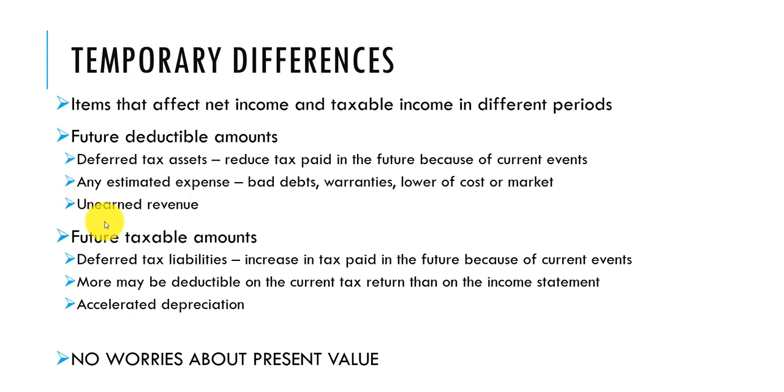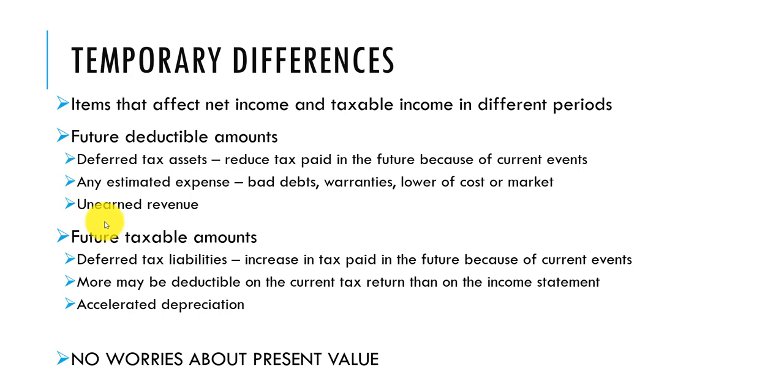A couple of examples of that are any estimated expenses like bad debts. We estimate our allowance for bad debts, we estimate warranties, we estimate the write-off on our inventory for lower of cost or market. Anytime we estimate that, none of those are acceptable for tax purposes. You tell the IRS that you're estimating the expense, and they say, too bad.